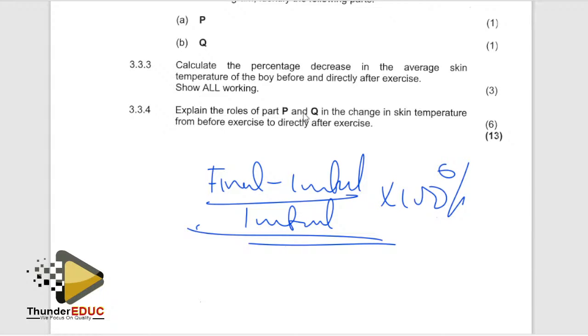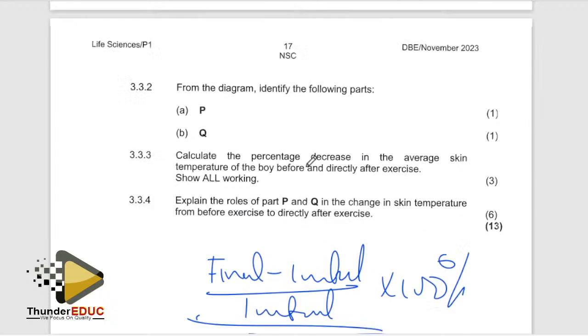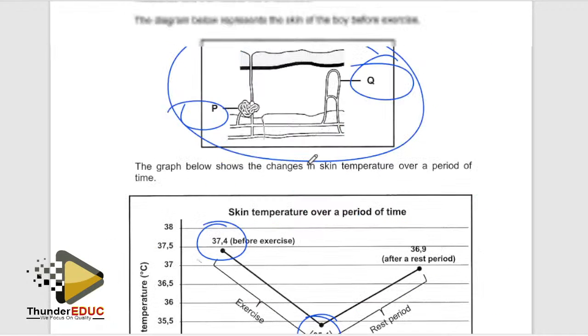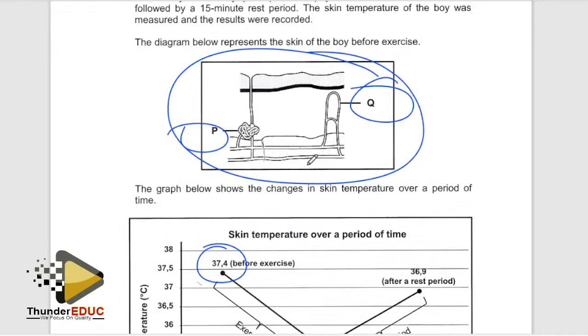Explain the role of P and Q in the change in the skin temperature before the exercise. So basically P, how does it work? P is a sweat gland. So the sweat gland becomes more active and produces more sweat. This leads to evaporation of the sweat, which leads to the cooling of the body.